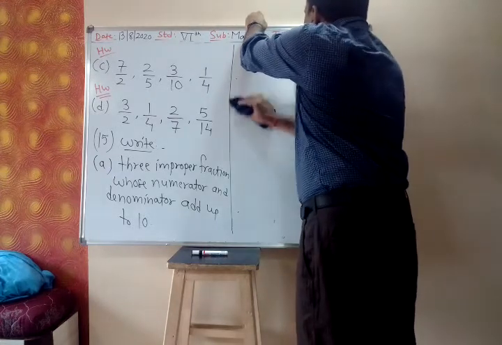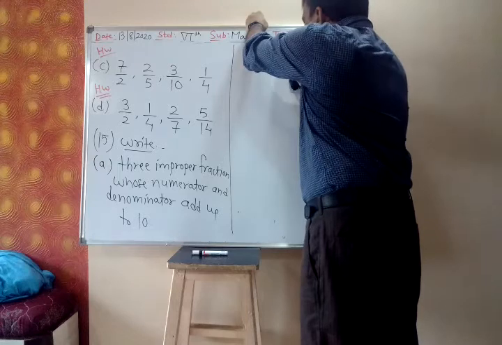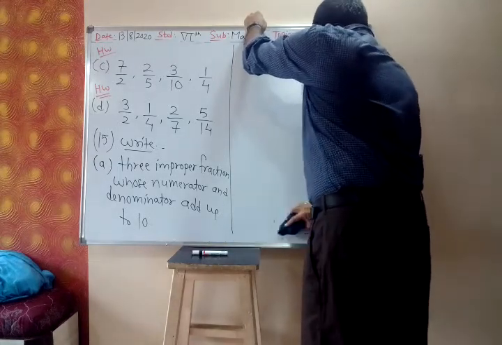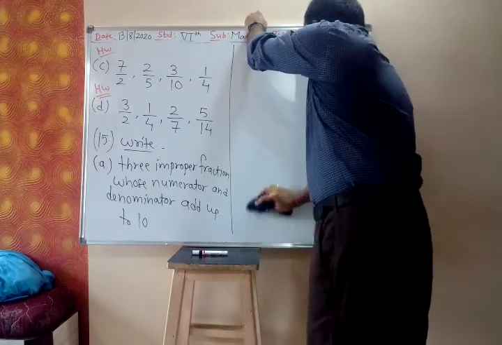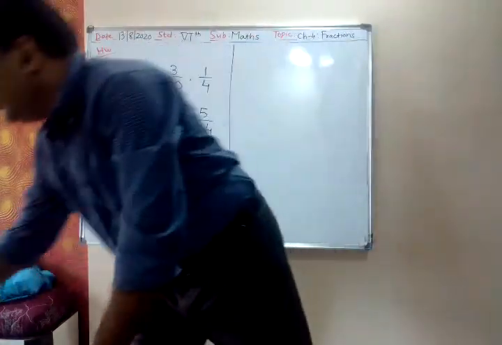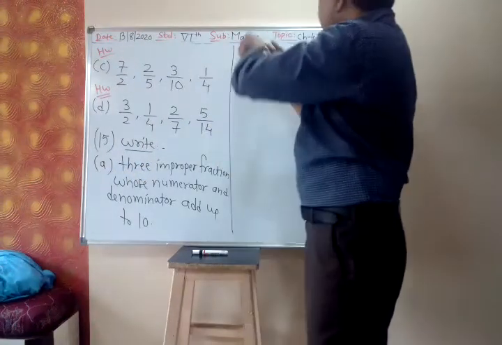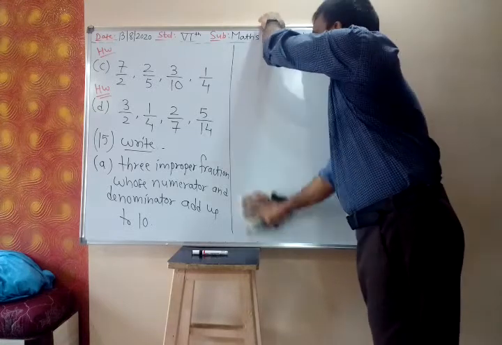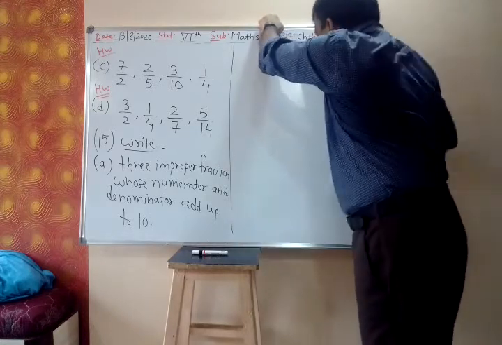But the fraction should be an improper fraction. Improper fraction means numerator is bigger than denominator. So you have to give examples of 3 improper fractions whose numerator and denominator, when we add, we get 10.